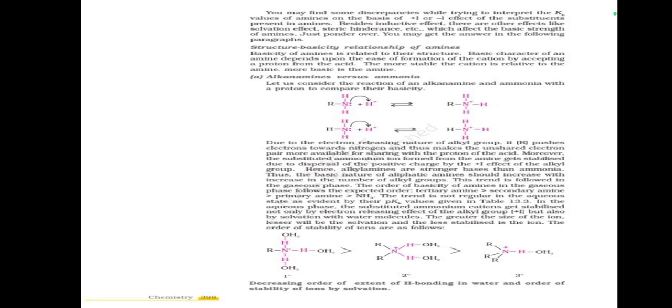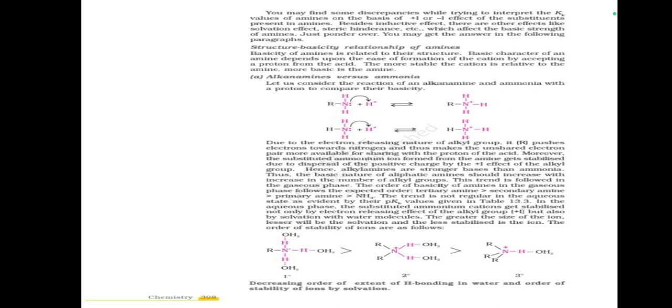Alkylamines versus ammonia. Let us consider the reaction of an alkylamine and ammonia with a proton to compare their basicity. Due to the electron releasing nature of the alkyl group, it pushes electrons towards nitrogen and thus makes the unshared electron pair more available for sharing with the proton of the acid.